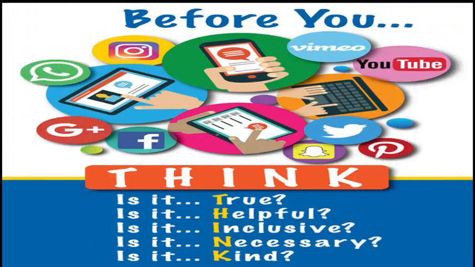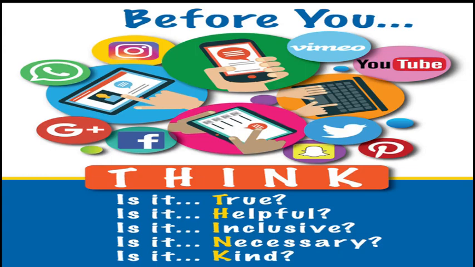Now, dears, here is a poster in front of you. Let's discuss it together. In the header area, we have the title. The title is Before You. I think this title is related to choices. Choices in front of us. The second area is the main area.